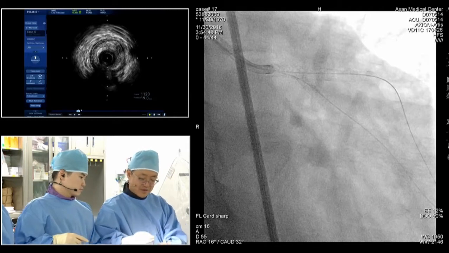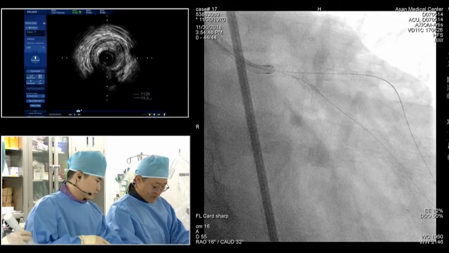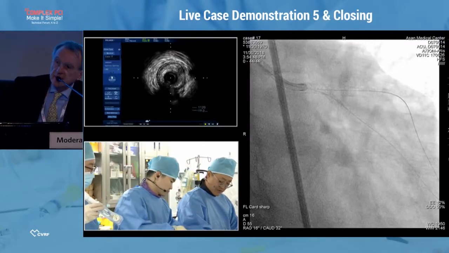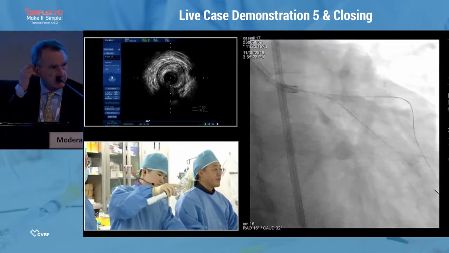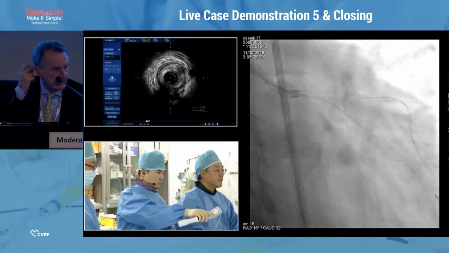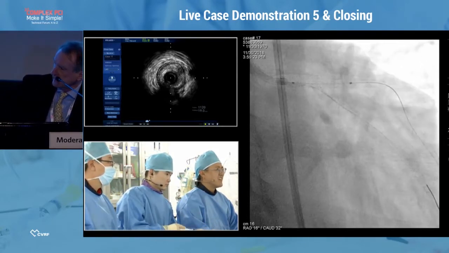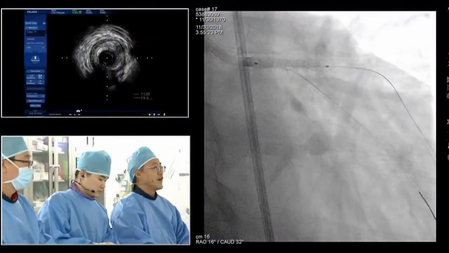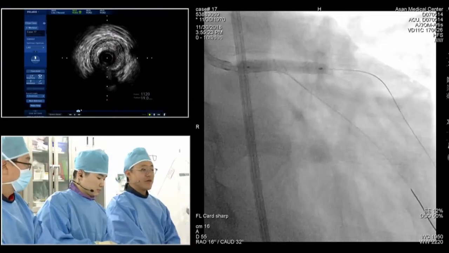In some patients with aggressive in-stent restenosis, we have been using for the past 2 years a combination of first drug-eluting balloon and then in the same session drug-eluting stent. Go, 6, 8, 10, 12, 14, 3.5, 16. DB. Yeah, DB. Time goes on.